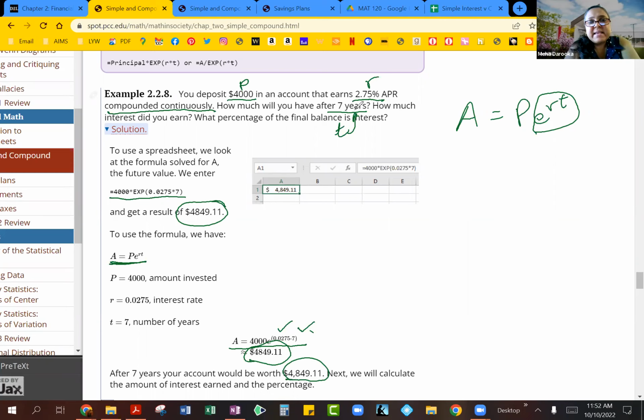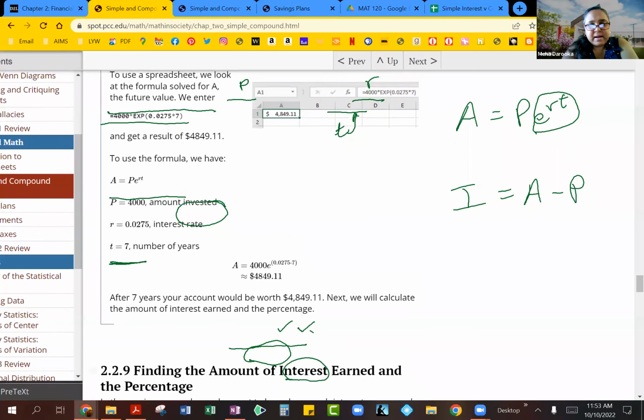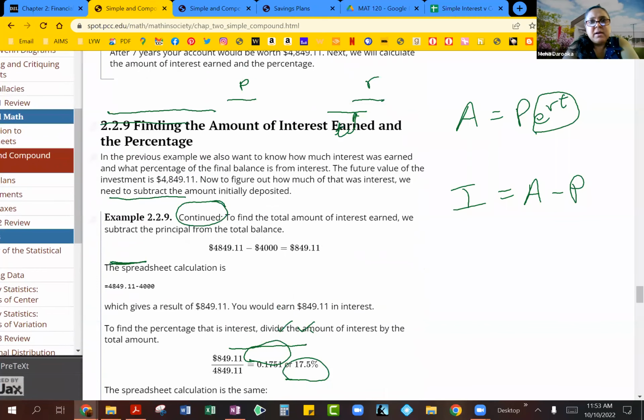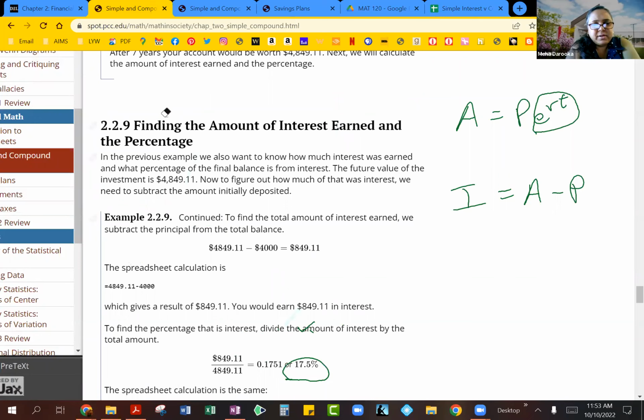Now they're asking us how much interest did we earn. So remember, for the interest, you just do A minus P. Let's get rid of some of this writing here.